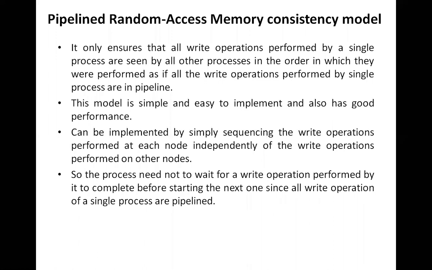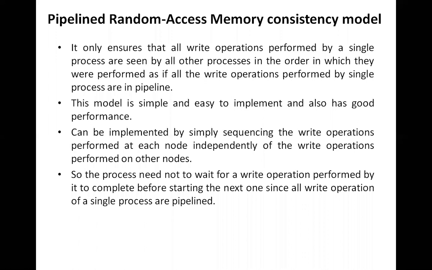So in this consistency model, that is the pipeline random access memory consistency model, it can be implemented by simply sequencing the write operations performed at each node independently of the write operations performed on the other nodes.